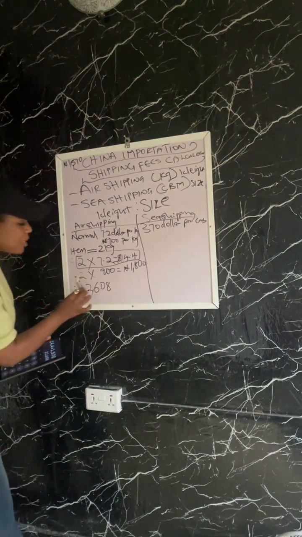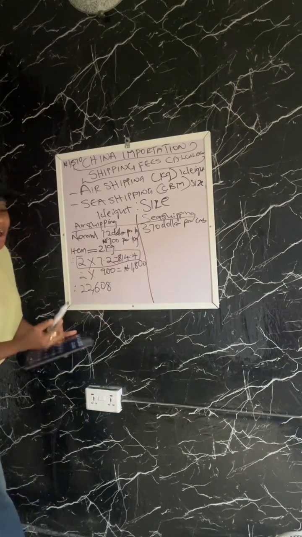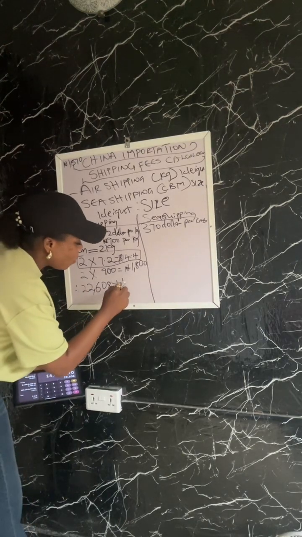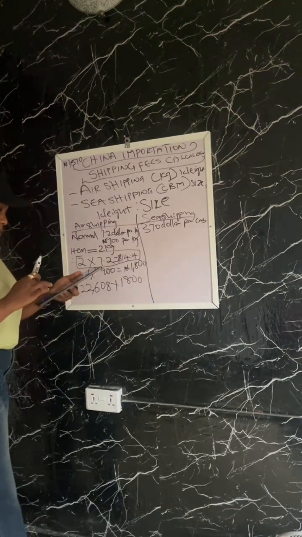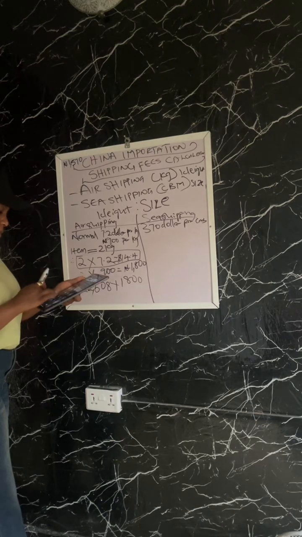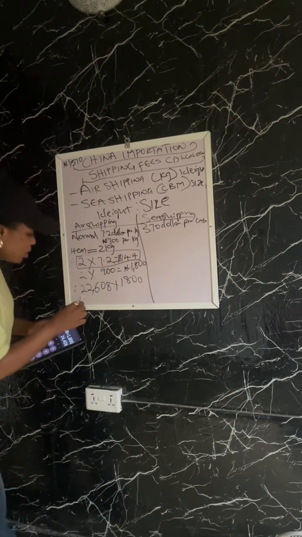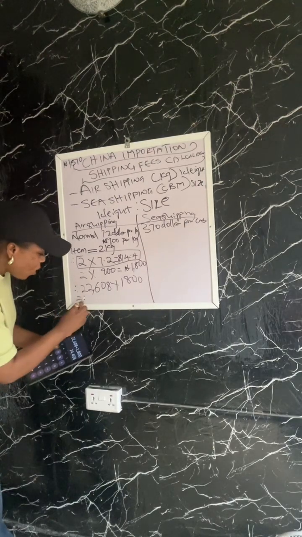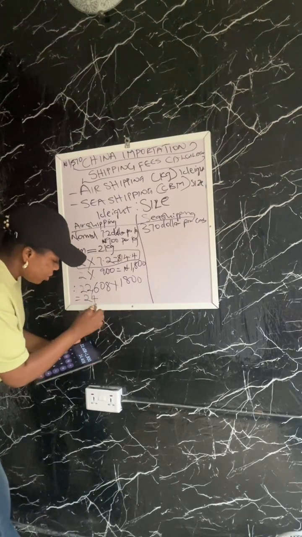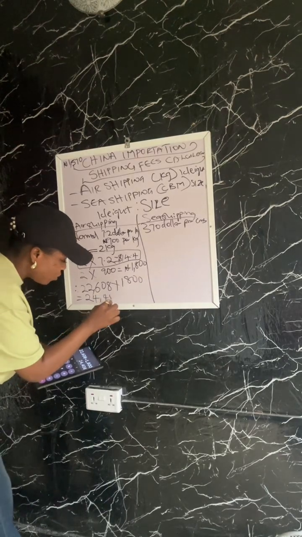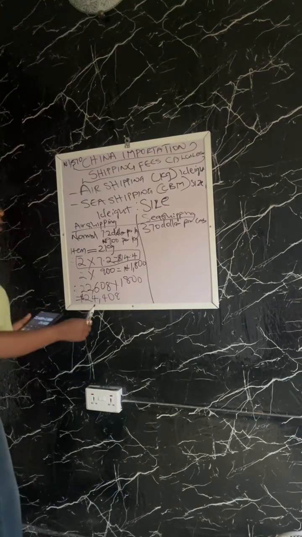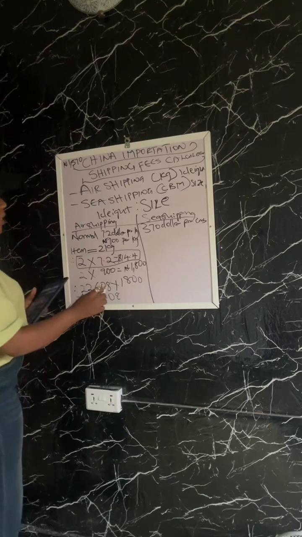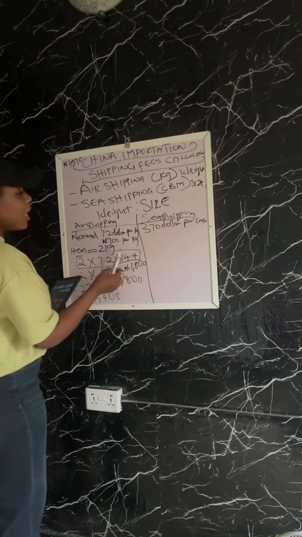Mind you, this custom fee is already in naira, so you just add 1,800, giving us a total of 24,408 naira. So 24,408 naira is the total amount you'll be paying for 2 kg of goods.